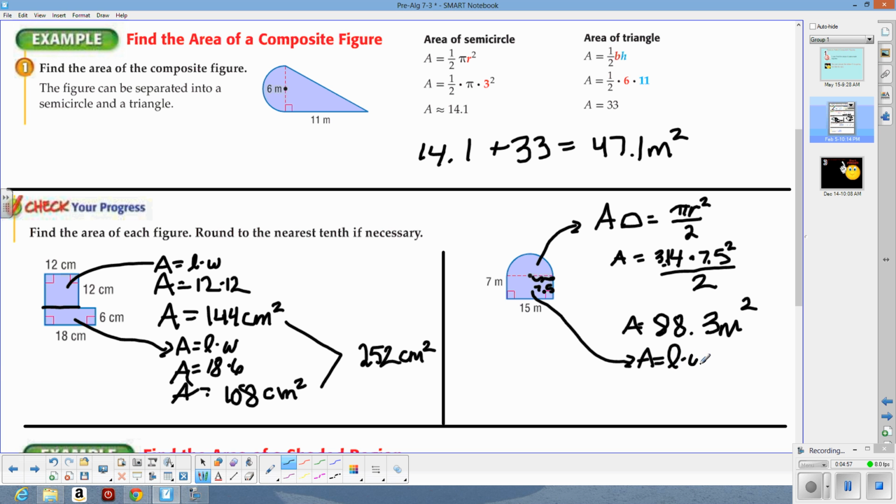Area equals 15 times 7. 15 times 7 is 105. So 105 meters squared. Now the area of the whole figure is to put these two together. When you take 105 plus 88 and 3/10, you get 193 and 3/10 meters squared.